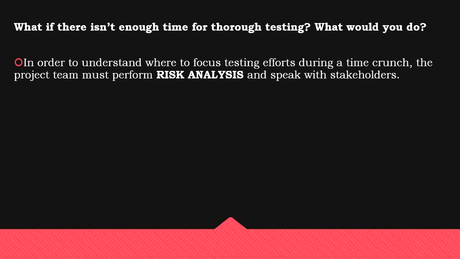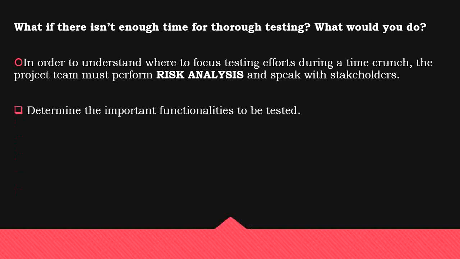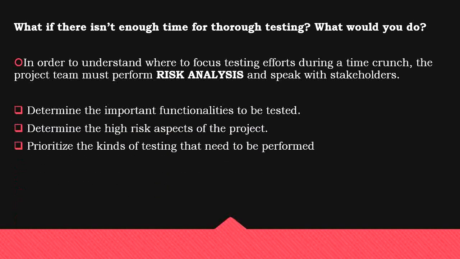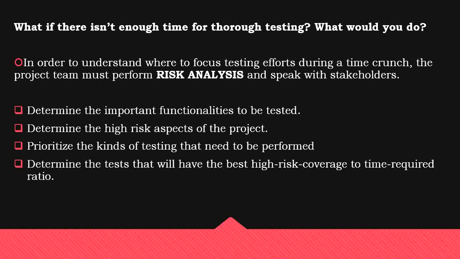And they have to determine that the important functionality should be tested, determine high risk aspects of the project, prioritize the kind of testing that needs to be performed, and determine the tests that will have the best high risk coverage to time required ratio.